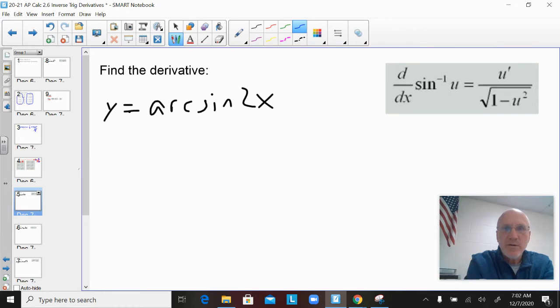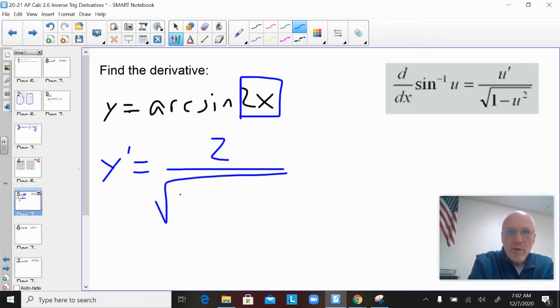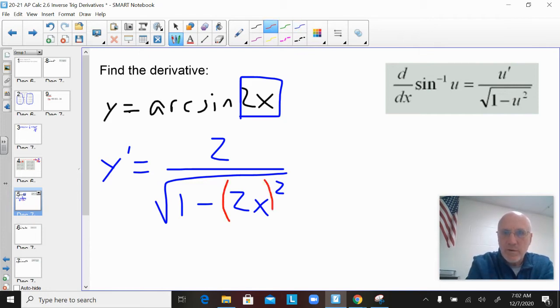So that's my u. u is 2x. So y prime would be u prime on top, and the derivative of 2x is 2. And then the bottom will be the square root of 1 minus. Now, we have to be real careful. If I just did this, I would argue that's not right. We have to realize that it's u squared, which is (2x) squared.